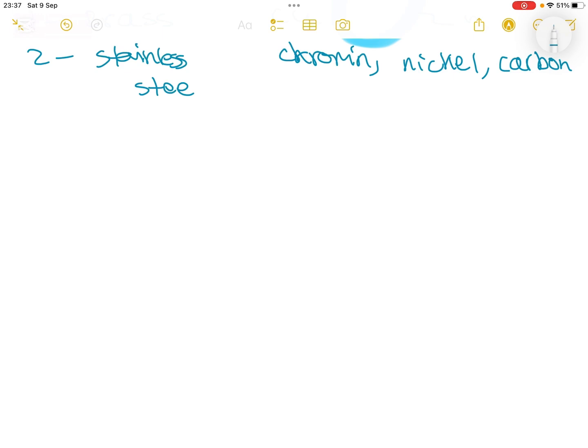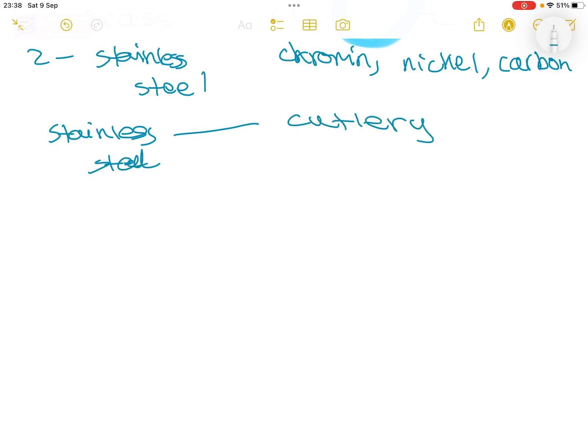Also a point in the syllabus is to describe the uses of alloys in terms of their physical properties, including stainless steel in cutlery. So stainless steel is used in cutlery because it is hard and resistant to rusting.